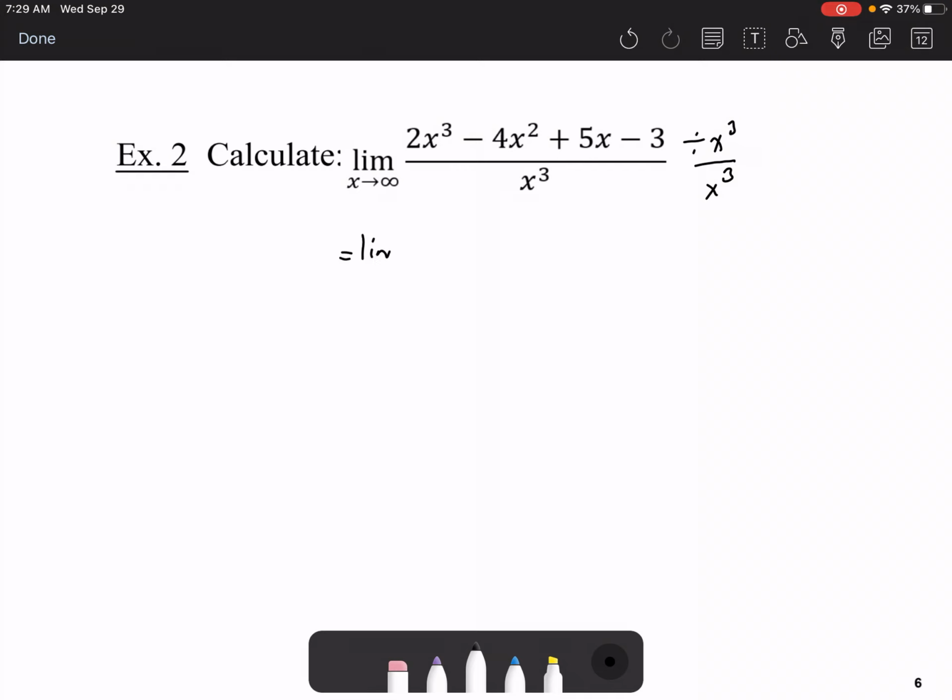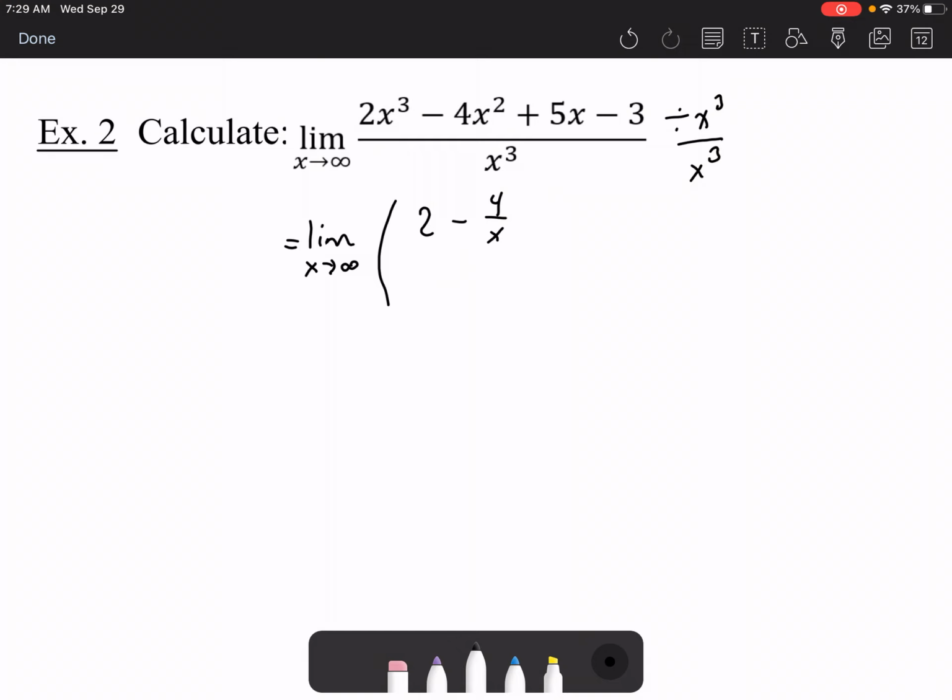So what happens if I do that? That numerator turns out to be 2 minus 4 over x plus 5 over x squared minus 3 over x cubed. And my denominator just turns out to be 1.